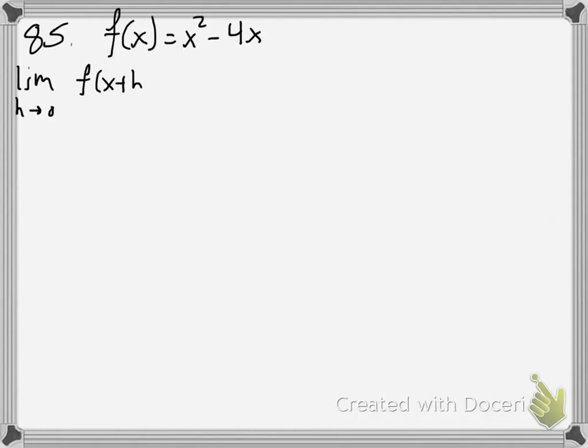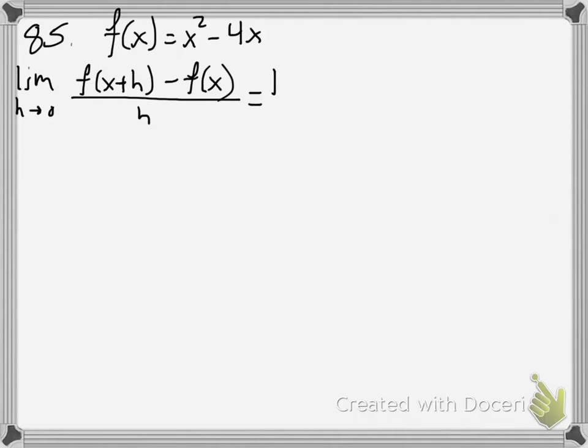If we do one that's a little bit more complicated, not a whole lot, f of x is equal to x squared minus 4x. Again, we'll write the limit as h goes to 0 of f of x plus h minus f of x, all over h.